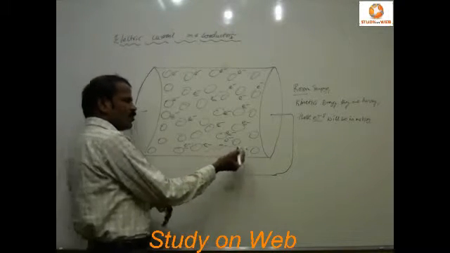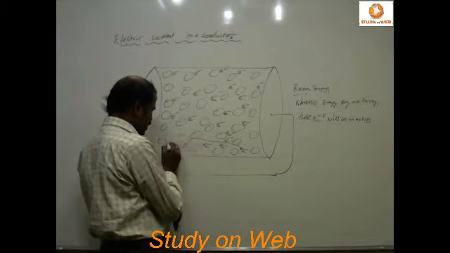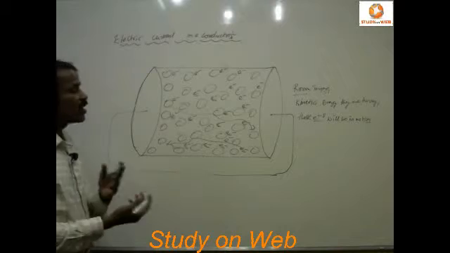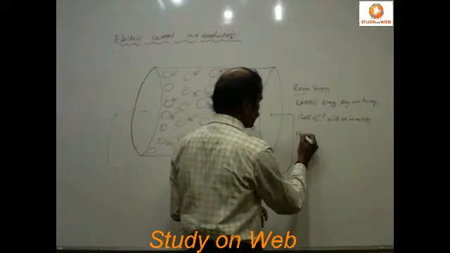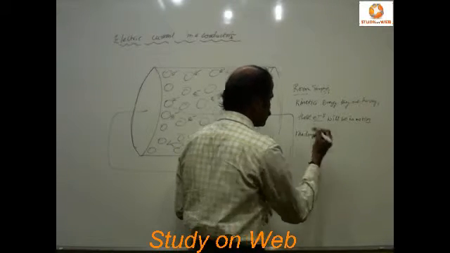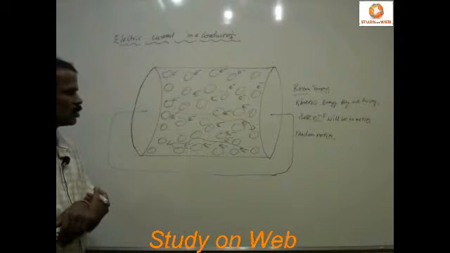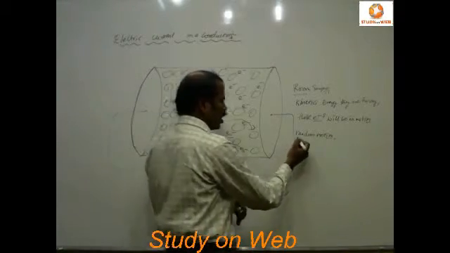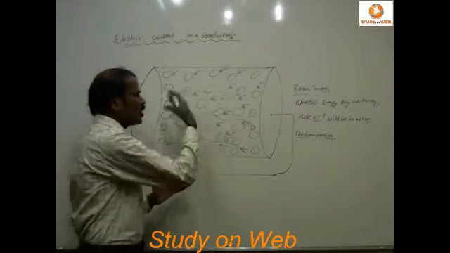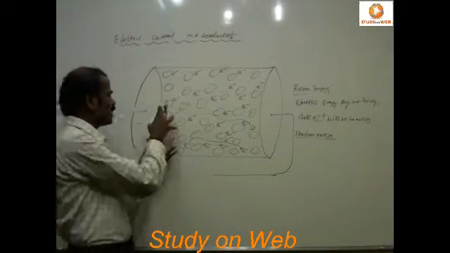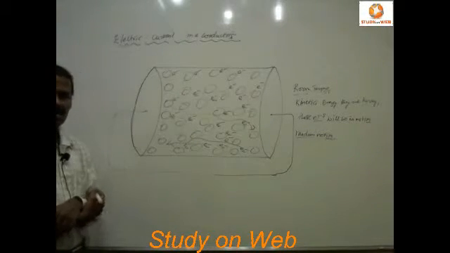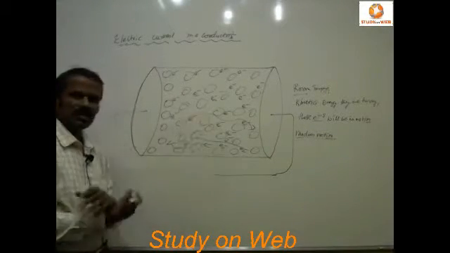But actually, when a few electrons move from this end to this end, then a few electrons will be moving from this end to this end. They will be in random motion. All the electrons are not moving in one direction. Suppose a few electrons move from this end to this end, the same number of electrons will move from this end to this end.